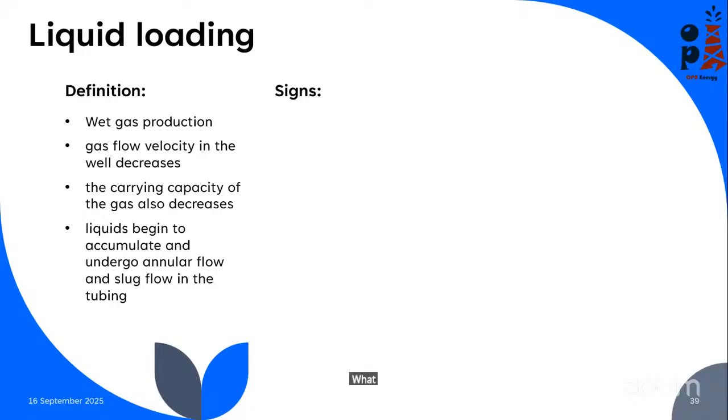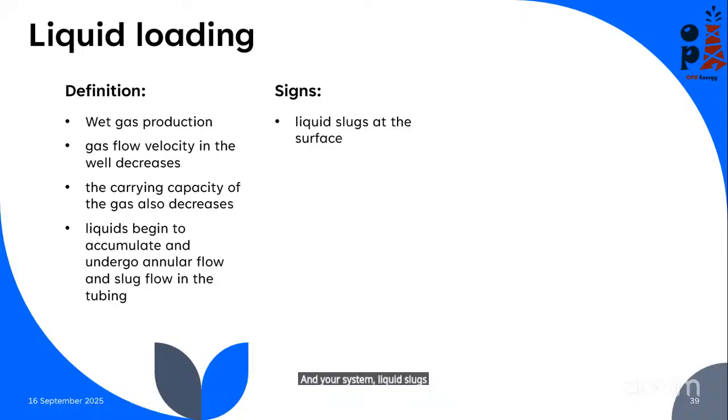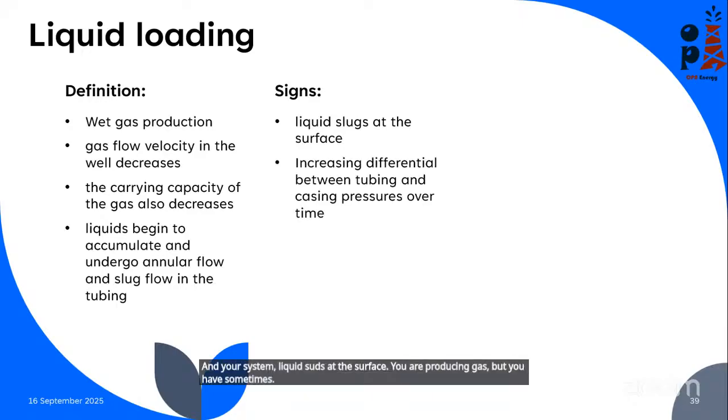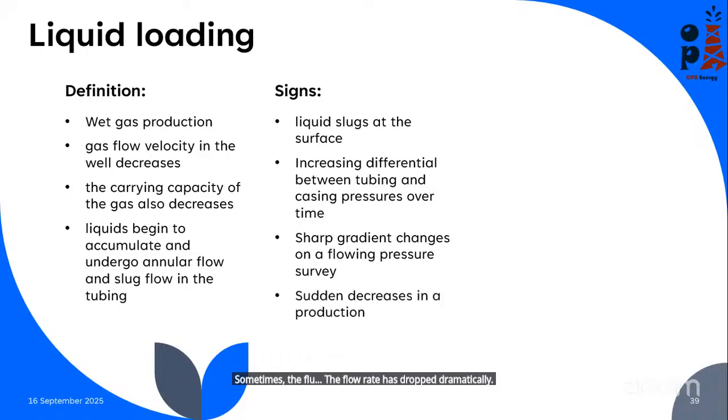What signs diagnose this problem, that you will have liquid loading in your system? Liquid slugs at the surface. You are producing gas, but you sometimes have a pressure change between the casing and the tubing. Sometimes the flow rate drops dramatically all of a sudden.